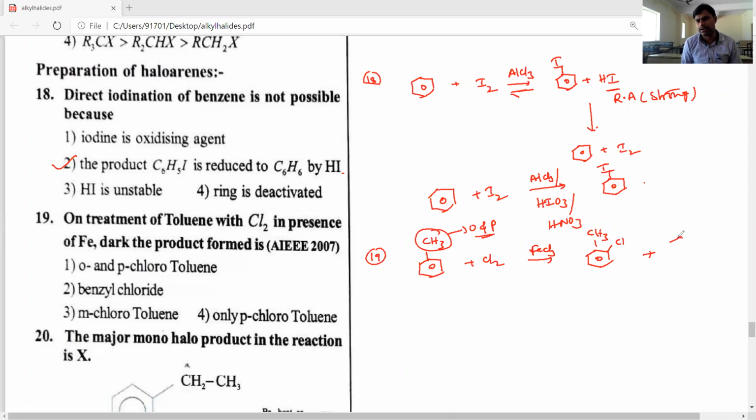That's why ortho and para products will form. Among that, the para product is major. This is para and this is ortho. They have not asked which is the major product, but what products are possible. Ortho and para chlorotoluene are possible. Okay, let's go for the next question.